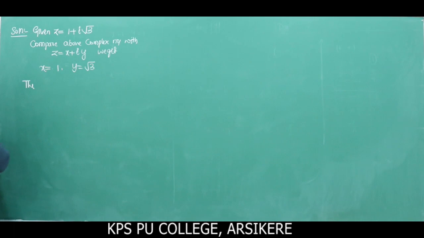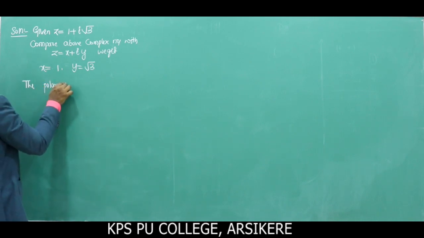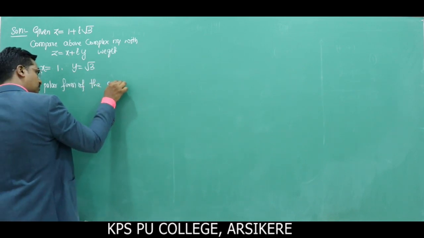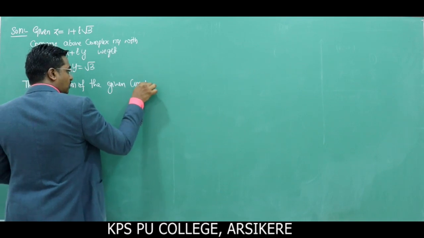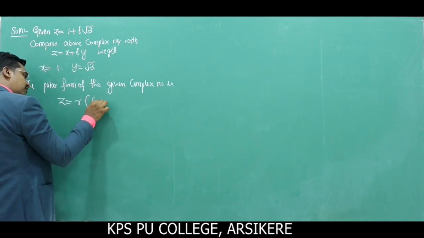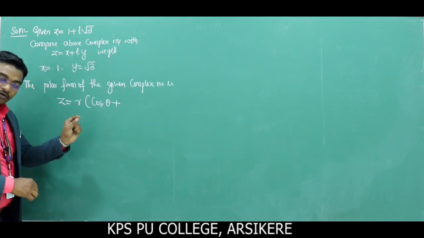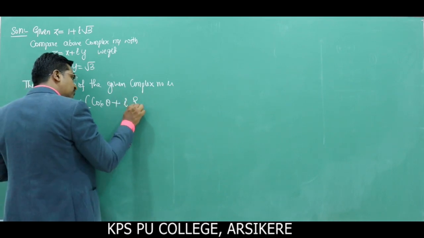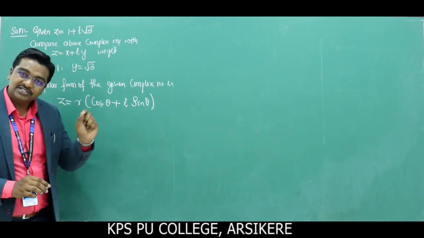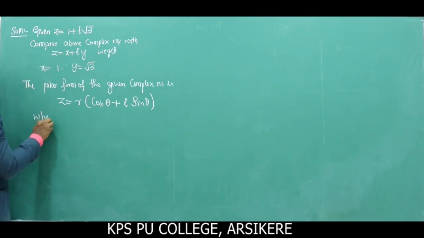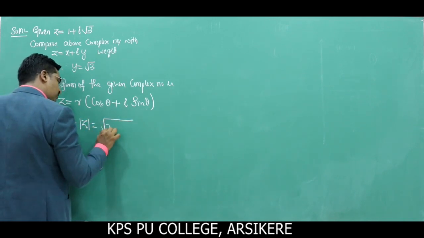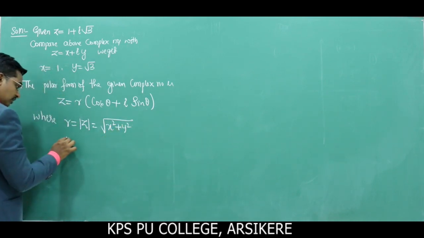So we have to represent it in polar form, right? The polar form of the given complex number is z is equal to r times of cos theta plus i into sin theta, where r is equal to modulus of z, which is square root of x square plus y square, and theta is the argument.